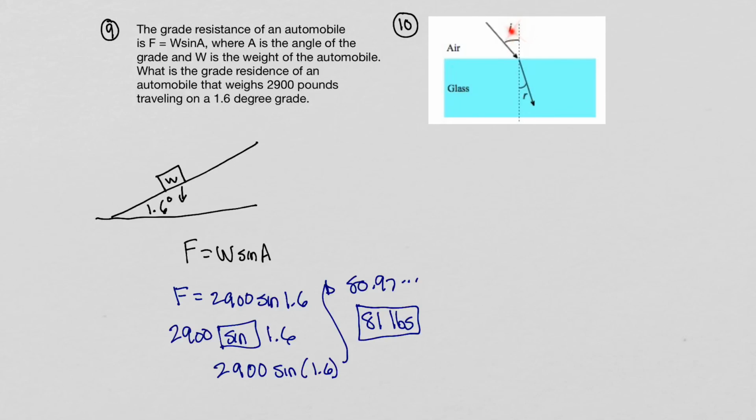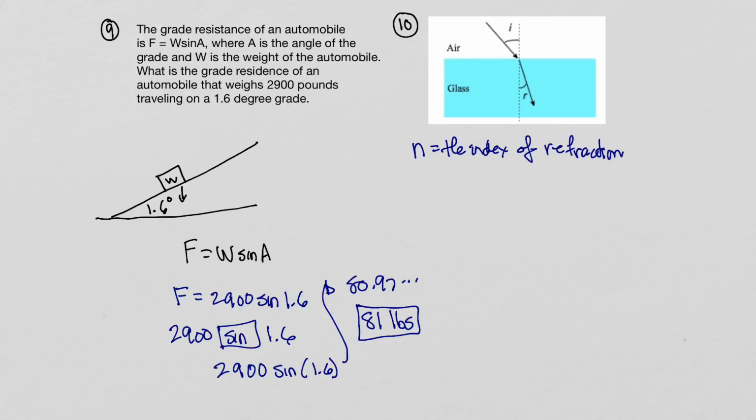So this I is called the angle of incidence, and this is the angle of refraction, measured to this perpendicular line. A light ray comes in and hits the surface of that glass, and then it gets bent. Now it comes in at this angle here, and it gets bent to now this angle here.